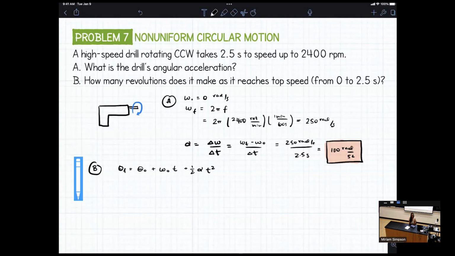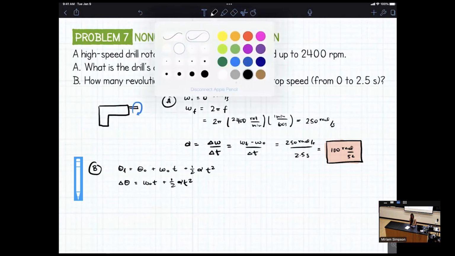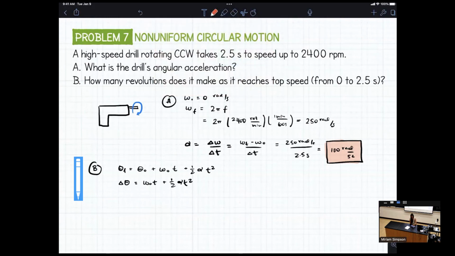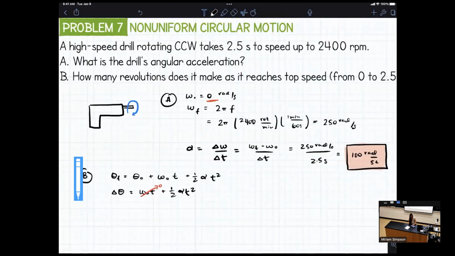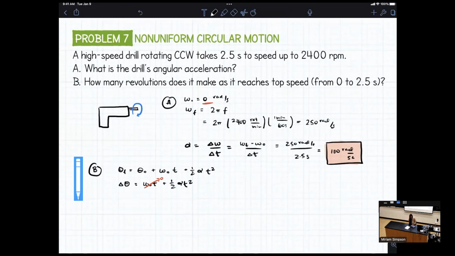All right, everybody okay with that? We can rewrite this to be a little nicer, so we'll call that delta theta is equal to omega initial t plus 1/2 alpha t squared. What do we know about our omega initial? Well, it's 0, so we can get rid of this term, okay? So now we're solving for delta theta, and that's going to be 1/2 alpha t squared.